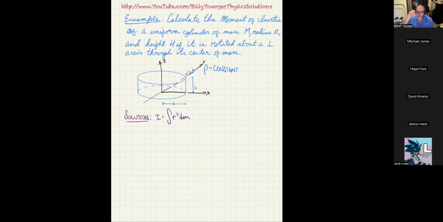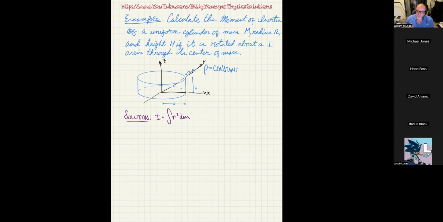Now, the trick with this, just like it was with the center of mass, there's an integrand, in this case r squared, and then the differential dm. We have to choose a dm that has the integrand very well defined.